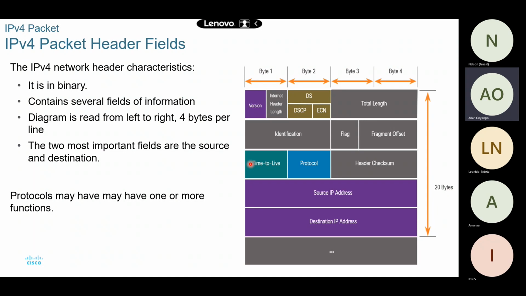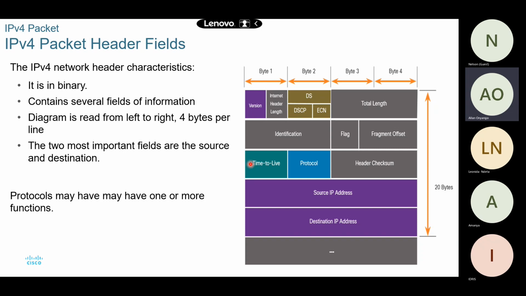It moves to the next router, it is reduced by 1. If that number is reduced to 0 before it reaches the destination device, then the packet will be dropped. That prevents the packet from going round and round the internet without ever reaching the destination. So that is a very, very important thing for us to note. Time to live is very, very important, and it will be given a different name.